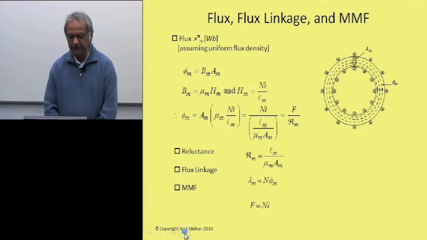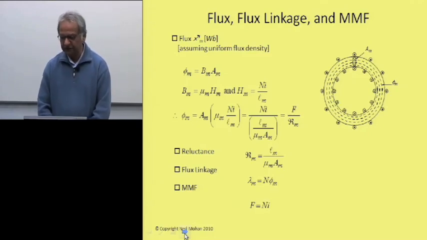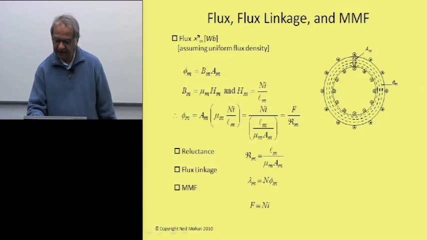First of all, we'll assume that in this toroidal core, the flux density is uniformly distributed. And this flux is flowing through this cross-sectional area, A sub m, of this core, as shown over here.